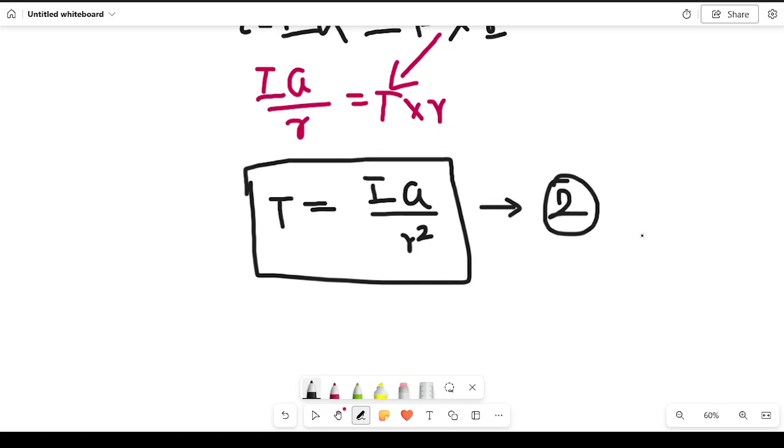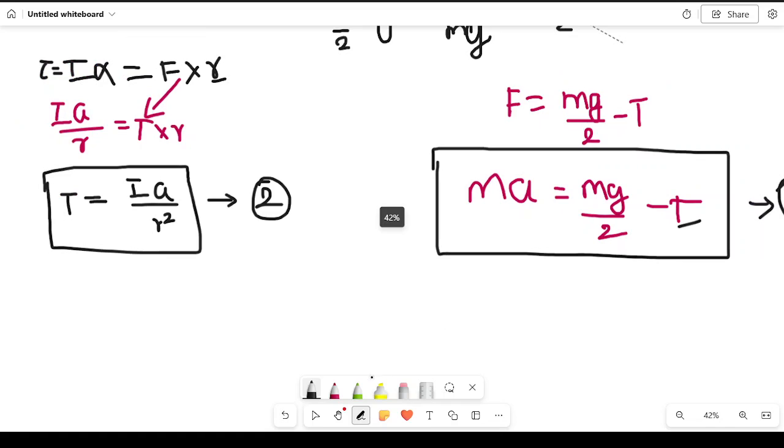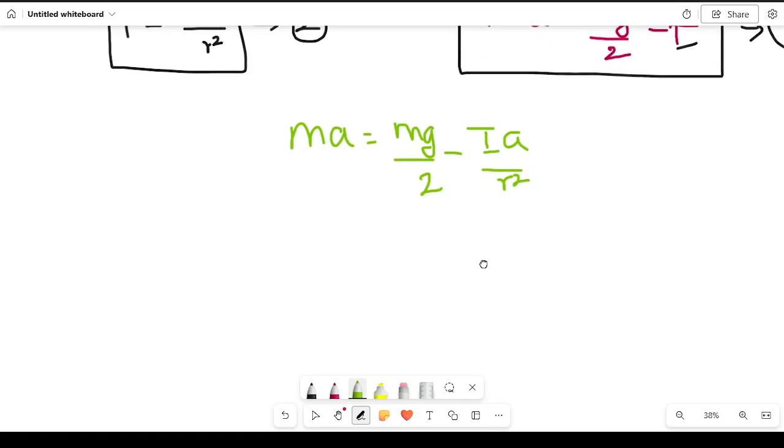So we got two equations. Now what I'm going to do is substitute the value of T in equation 1 from equation 2. So I'll use this pen. Now MA equals mg by 2 minus I times a upon r square. Now this goes there, so it becomes plus.